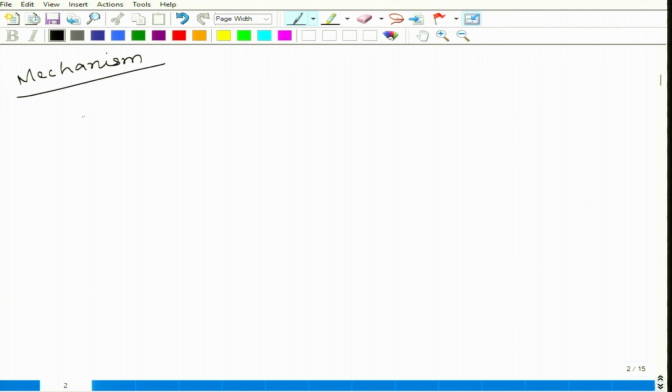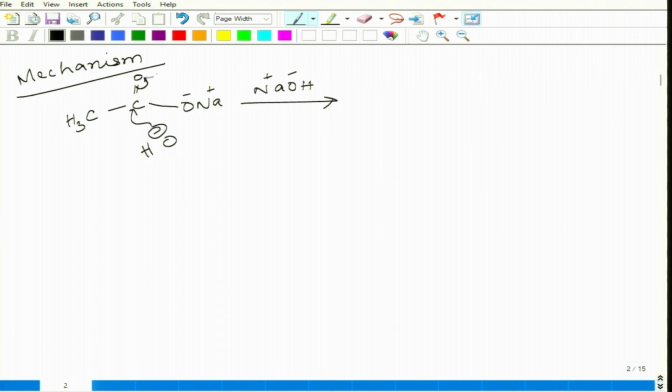Mechanism. This was the compound, sodium acetate. We have sodium hydroxide in the system. Sodium hydroxide is Na plus OH minus. So, OH minus will act as a nucleophile and attack the carbon of the acid group, and this bond will break.